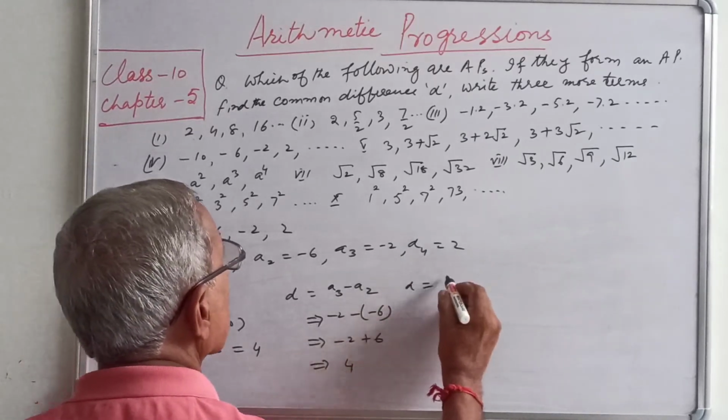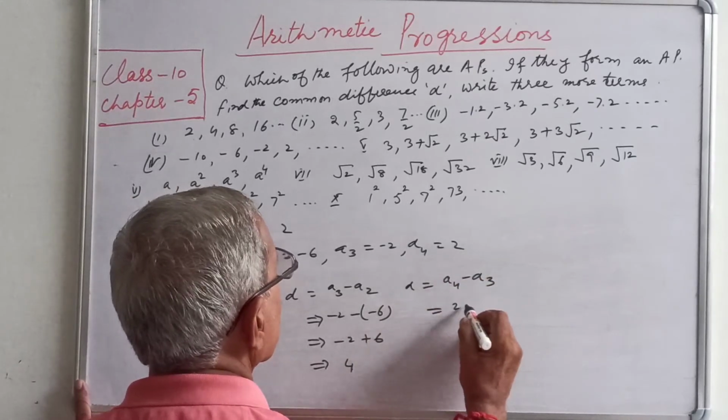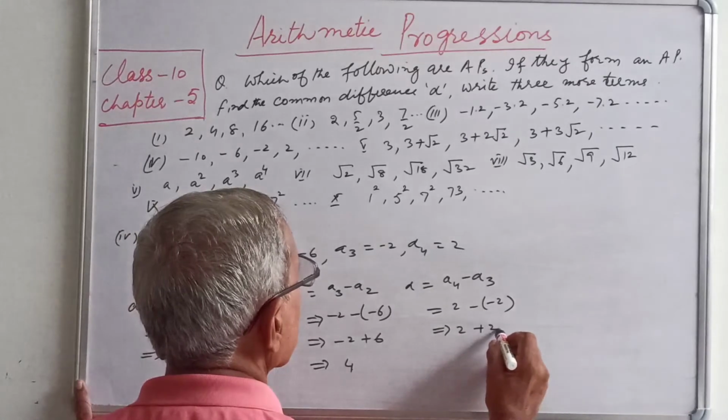D again, A4 minus A3: 2 minus of minus 2, 2 plus 2, again 4.